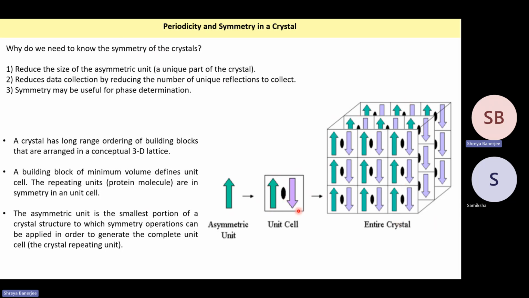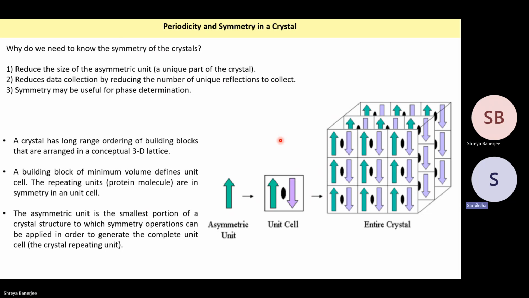That is why symmetry is very important, because if you can just understand the structure of the unit cell, then you can understand the structure of the entire crystal by repeating it in 3 dimensions. So that is the basic terminology in a crystal.